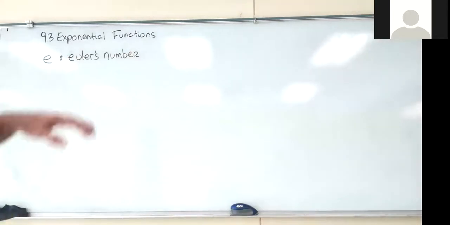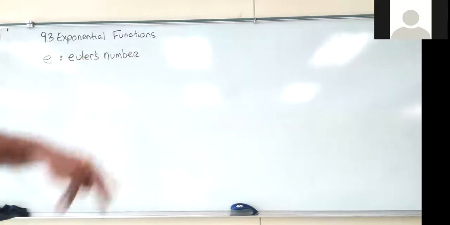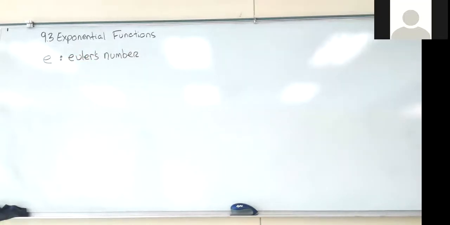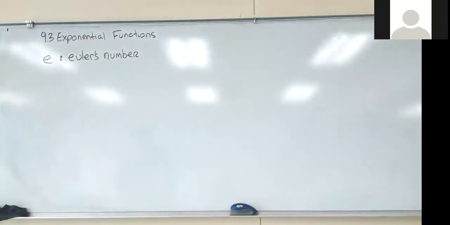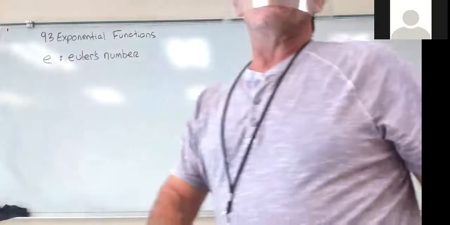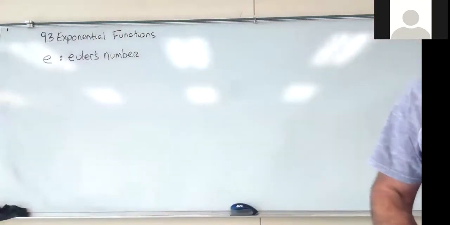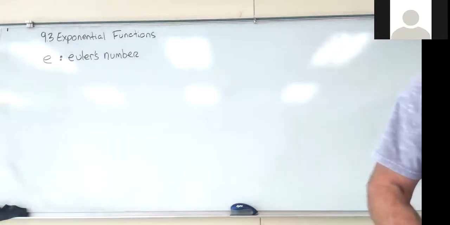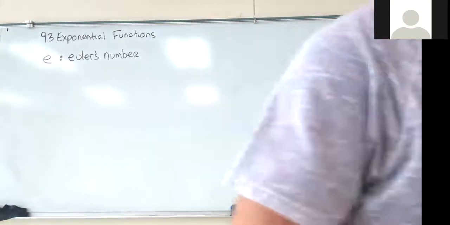So we won't get into how that number came about, but it has to deal with compound interest type formulas, and it's a horizontal asymptote those graphs try to reach over time. So we're not going to worry about where it came from and all that. We're just going to play with it on the calculator to evaluate it. So it's a constant like pi.